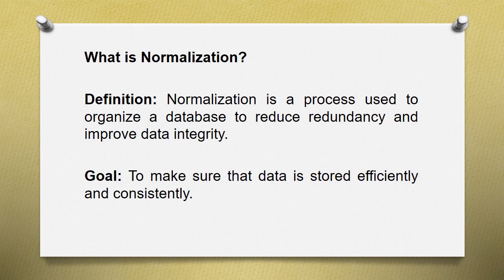The basic goal or aim of normalization is to make sure that data is stored efficiently and consistently. So I hope you can understand why normalization is crucial when we are talking about DBMS.